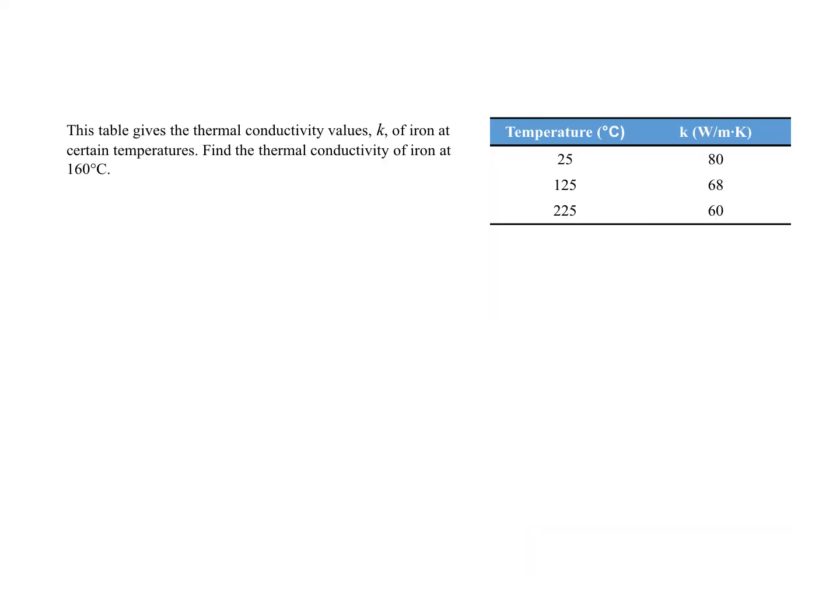Now here's an example using linear interpolation. We have a table for thermal conductivity of iron at certain temperatures. Now we want 160 degrees Celsius, which falls somewhere in here. So our K value is going to fall somewhere in there.